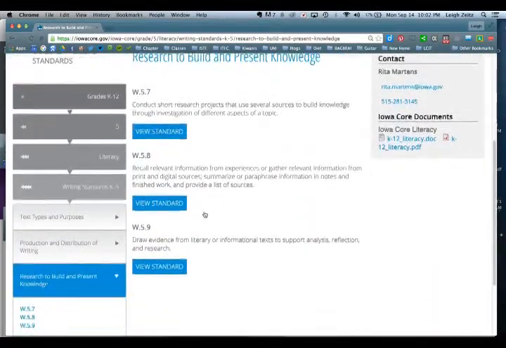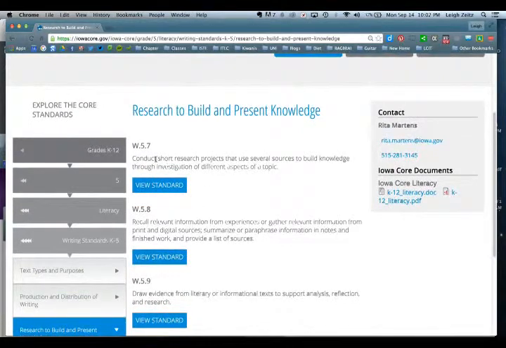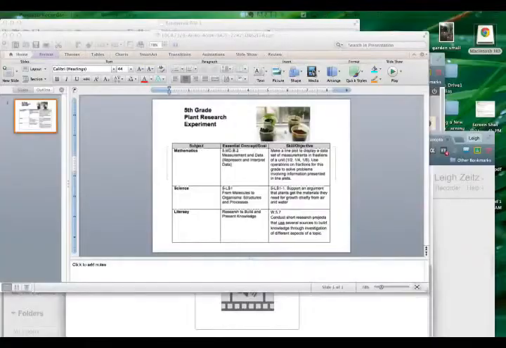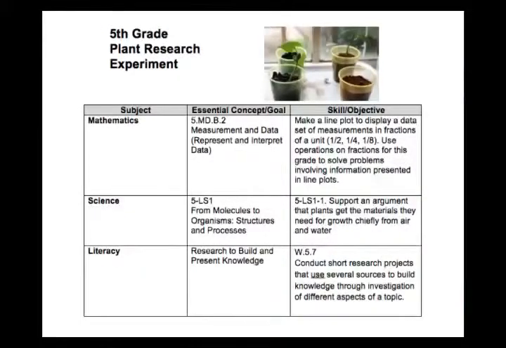And believe it or not, one of the writing standards is conduct short research projects that use several sources to build knowledge through investigation with different aspects of a topic. And there you have it.